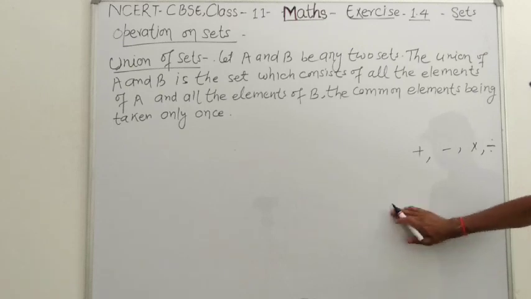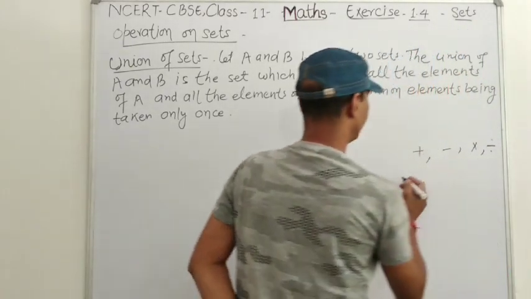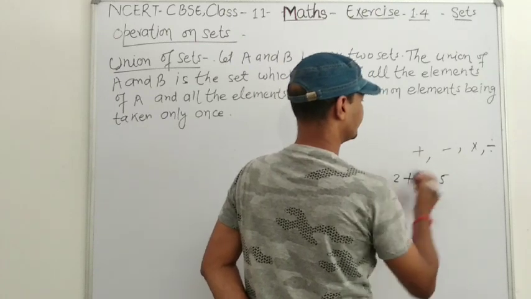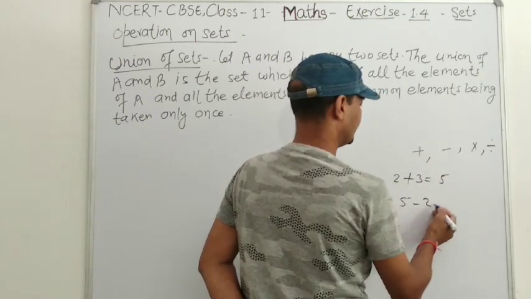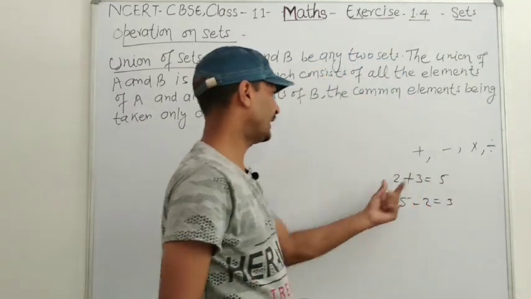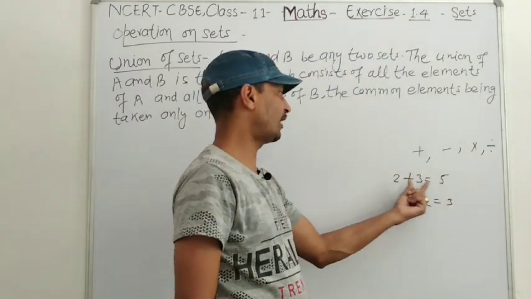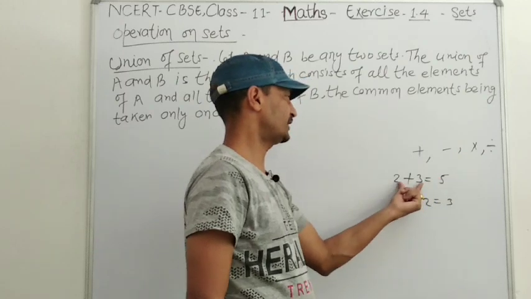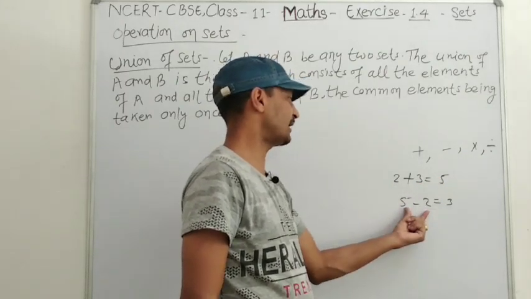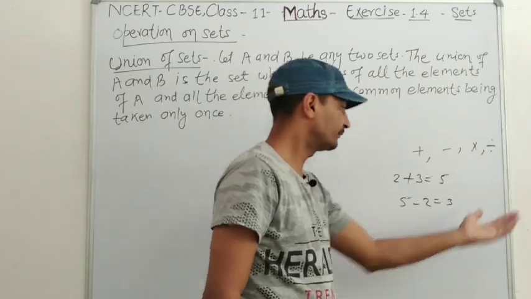The logic is, if we add 2 plus 3 we get 5. If we subtract 2 from 5 we get 3. That means if we add two real numbers we get another real number, and after subtraction we also get one number.